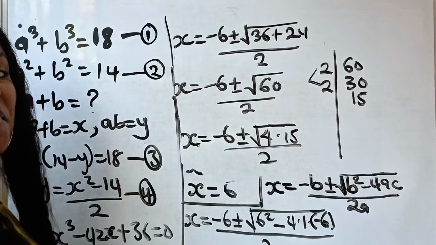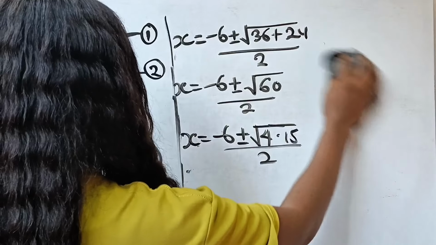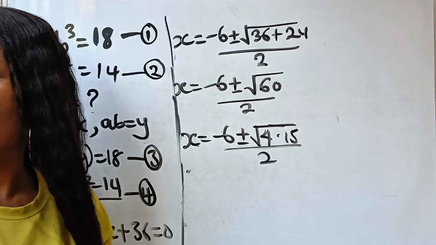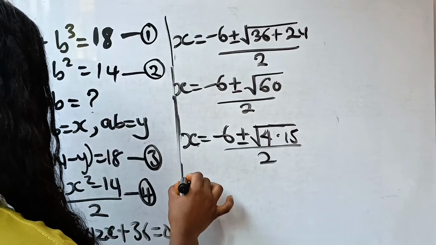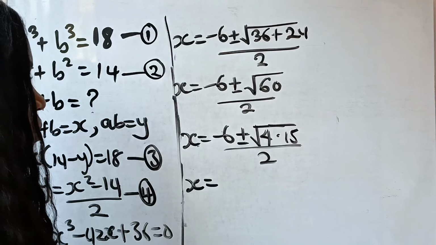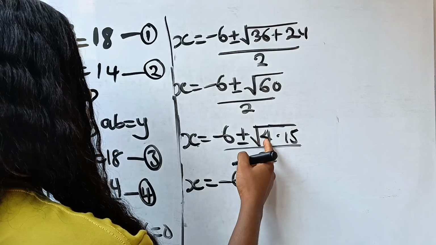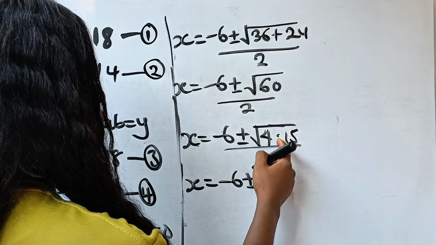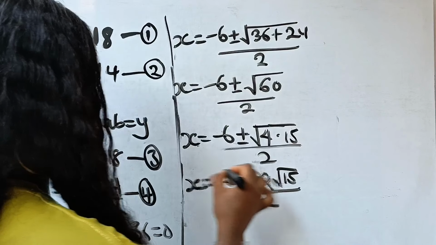Solving further, we are almost done. We now have x is equal to minus 6 plus or minus the square root of 4, which is 2, and we are left with root 15, divided by 2.